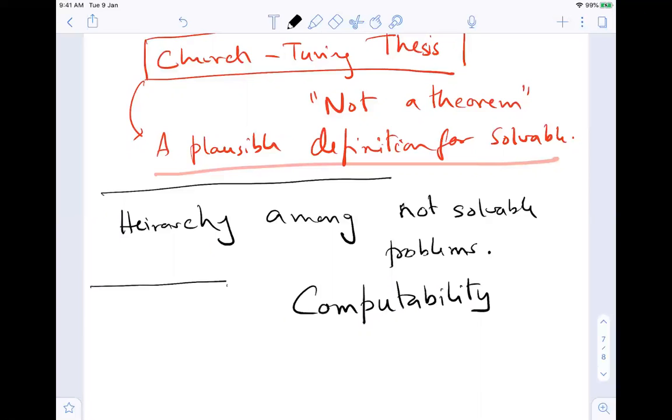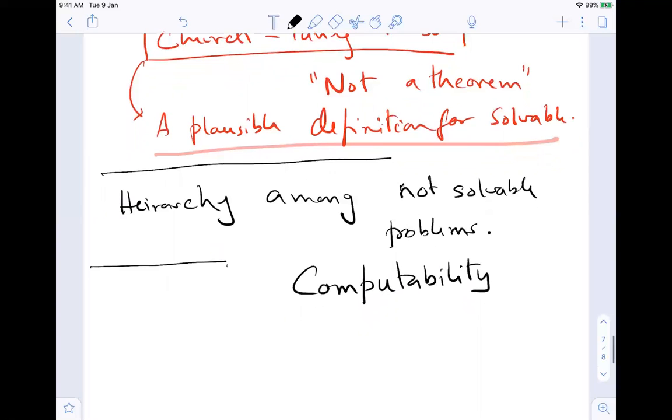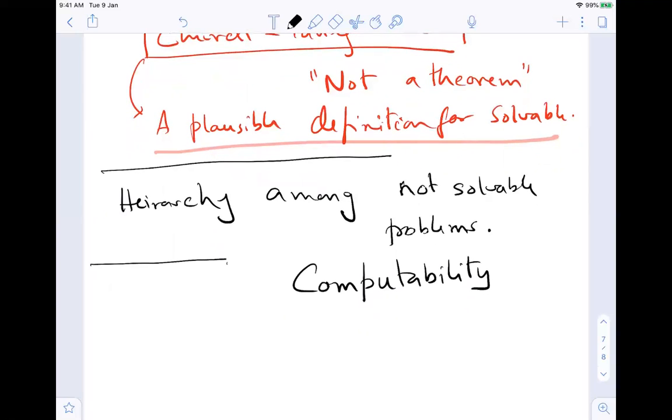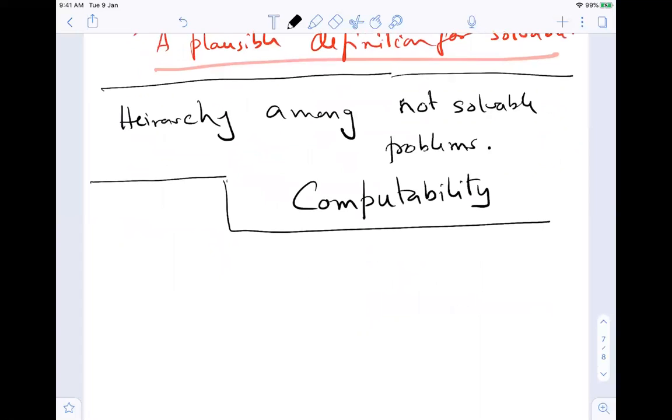But then there was another group of people who were a bit more algorithmic, with computers and algorithms coming up. They were saying, okay, fine, this is one area, but what about things that are solvable? Is there a hierarchy in the solvable problems?